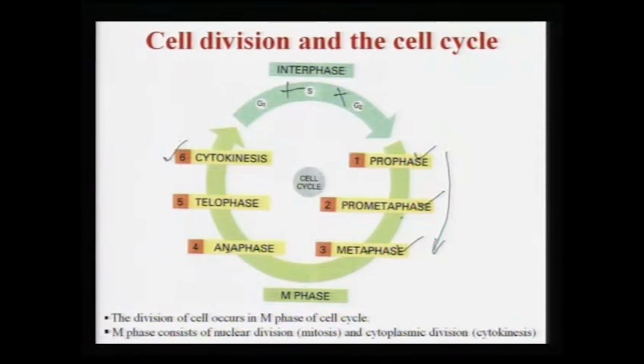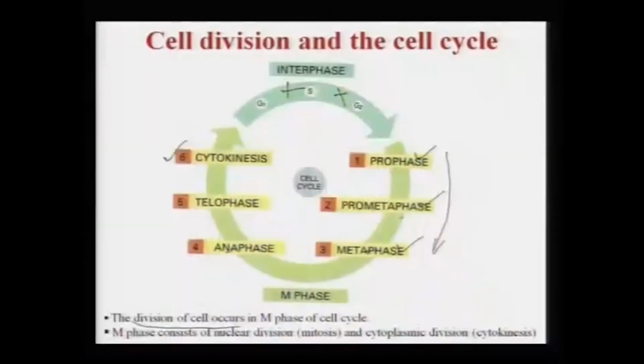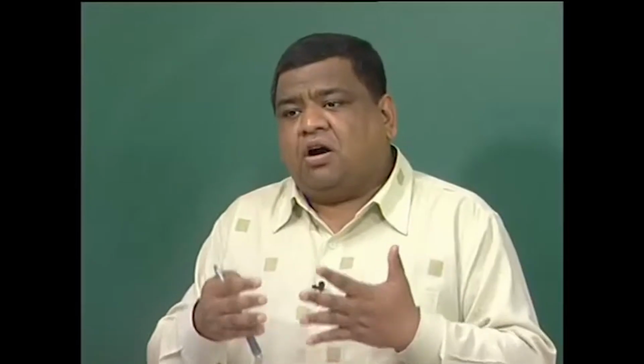Now these 2 daughter cells are complete, and they can enter G1 plus S plus G2 phase, and then you will produce 4 daughter cells again, then 4 to 8, 8 to 16, and so on. Essentially, division of the cell occurs in the M phase, but G1, S, G2 is the interphase process when the cell prepares itself for mitosis.